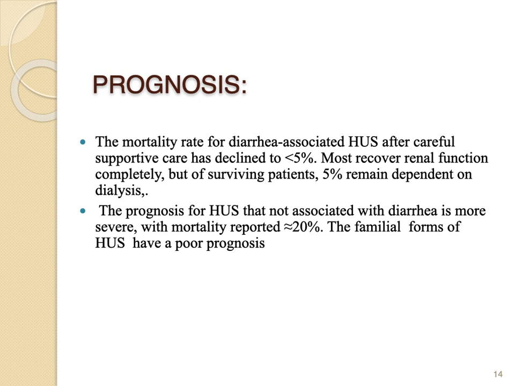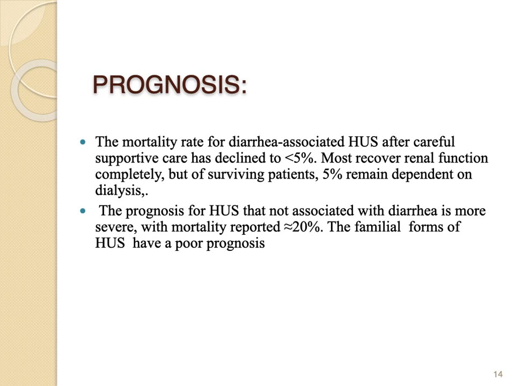Prognosis. With early recognition and intensive supportive care, the mortality rate for diarrhea-associated HUS is less than 5% in most major medical centers. Up to 50% of the patients may require dialysis support during the acute phase of the disease. However, most will recover renal function completely.